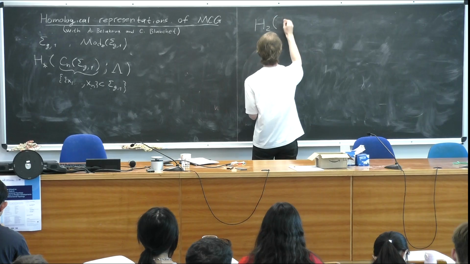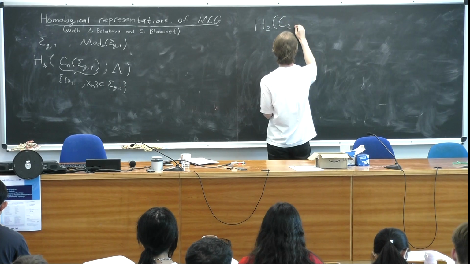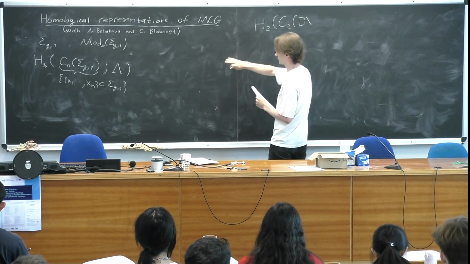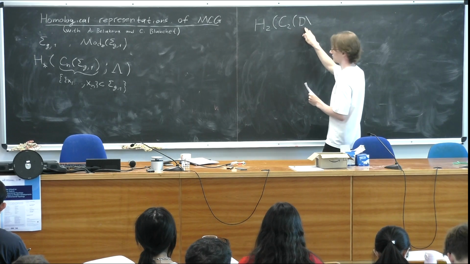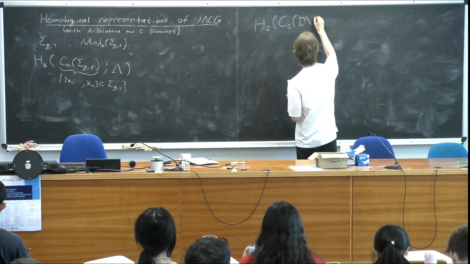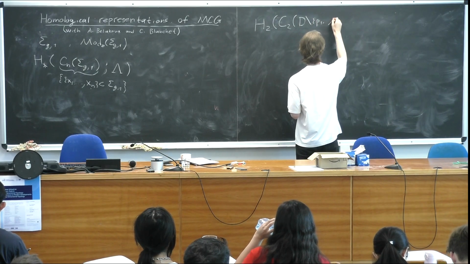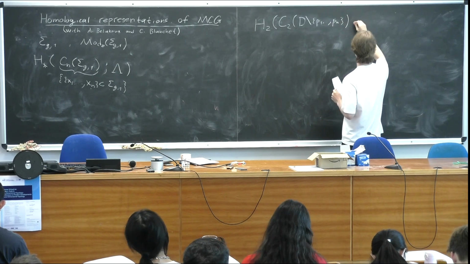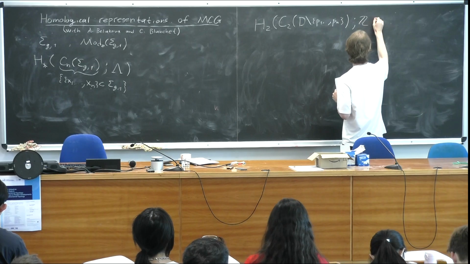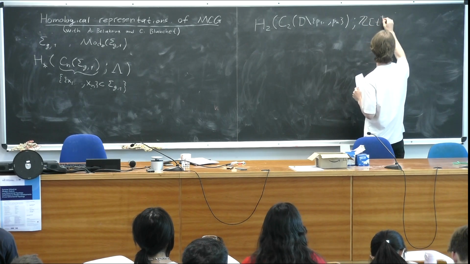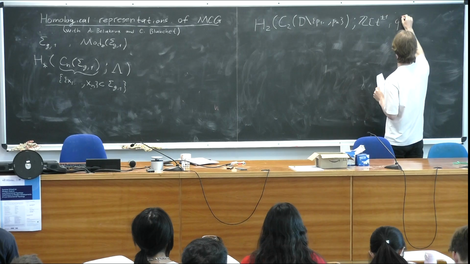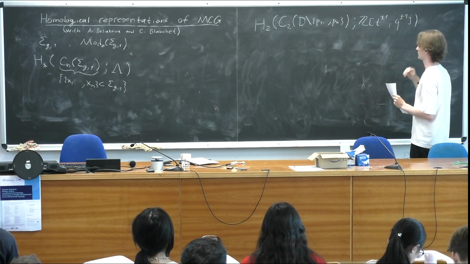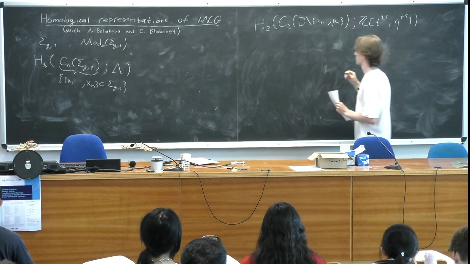We take the second homology group of a punctured disk. So for now, the object here will be not a surface but a punctured disk. And then we need to take some special local system. I will tell what it is exactly a bit later.